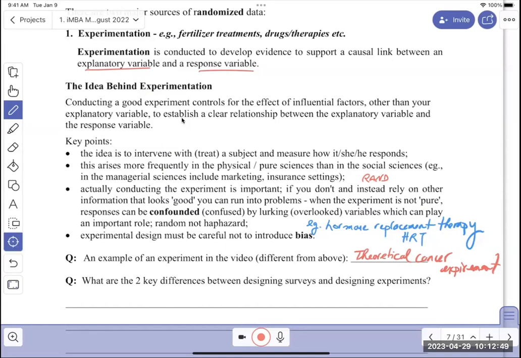All right. Okay, what are two key differences between designing surveys and designing experiments? So one is that you impose a treatment. Well, you said that from the beginning.